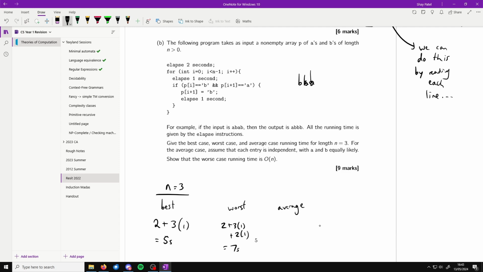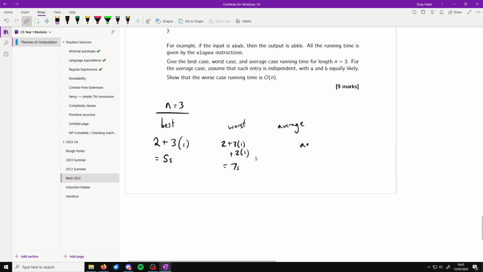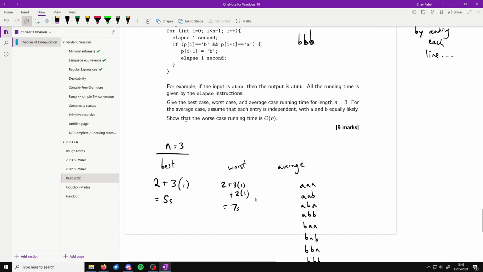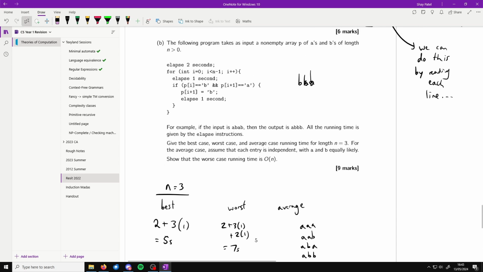Finally, for the average case, we want to consider every possible case. So we could have AAA, AAB, ABA, ABB, BAA, BAB, BBA, BBB. I believe that's every possibility. If it was AAA, we don't go into this loop at any point, so it's just 2 plus 3 times 1.